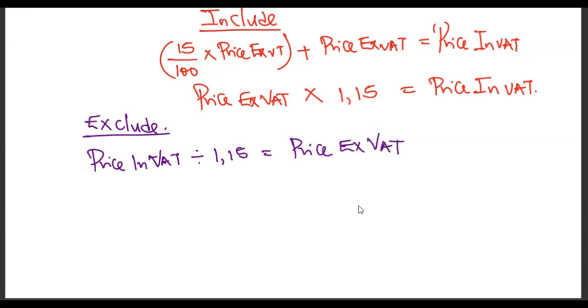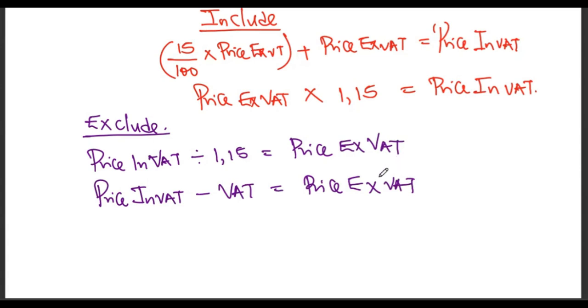Once you do this, the price you get is excluding VAT. Then, number two, you would get the price including VAT minus the value of VAT. Answer you get will be price excluding VAT.